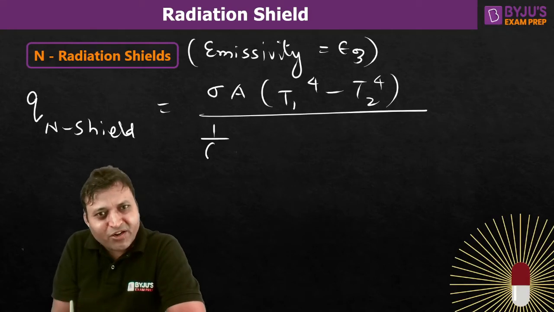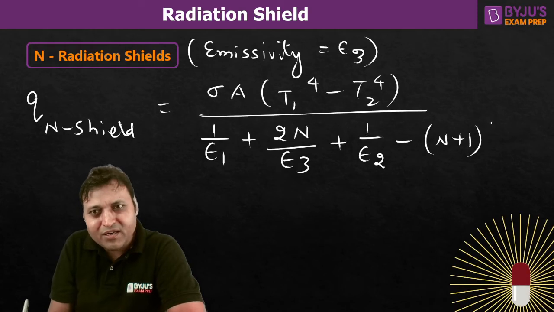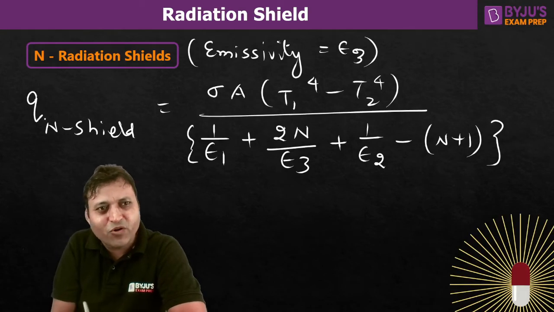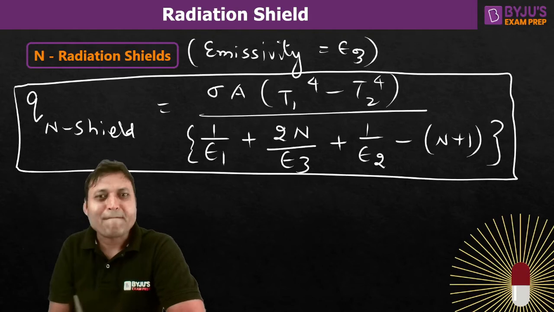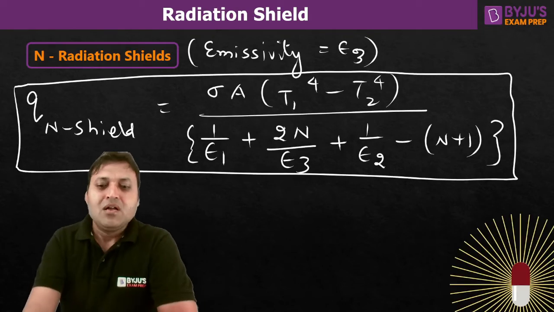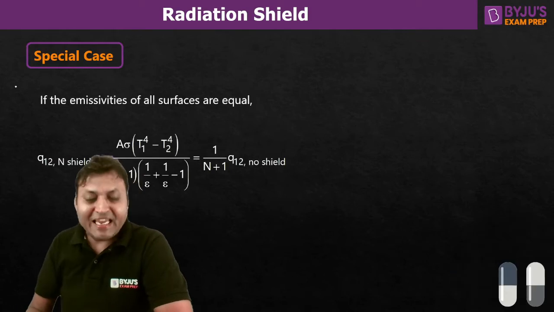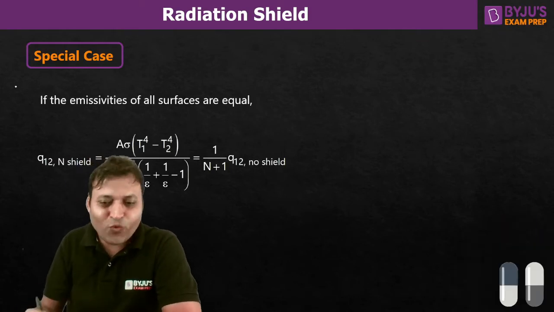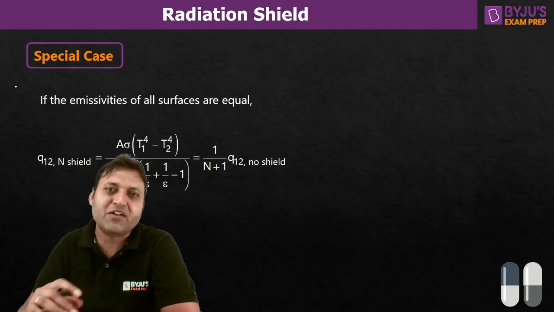Then the denominator will be 1 upon epsilon 1 plus 2n by epsilon 3 plus 1 upon epsilon 2 minus n plus 1. This will be the expression for n. Getting it? That is how the increase in thermal resistance will reduce the effect of radiation by the introduction of the shield.